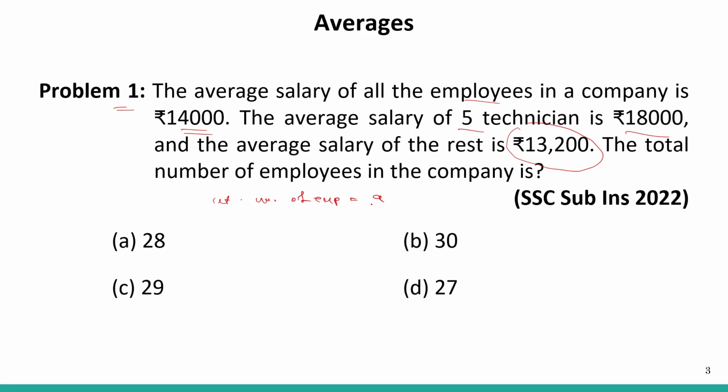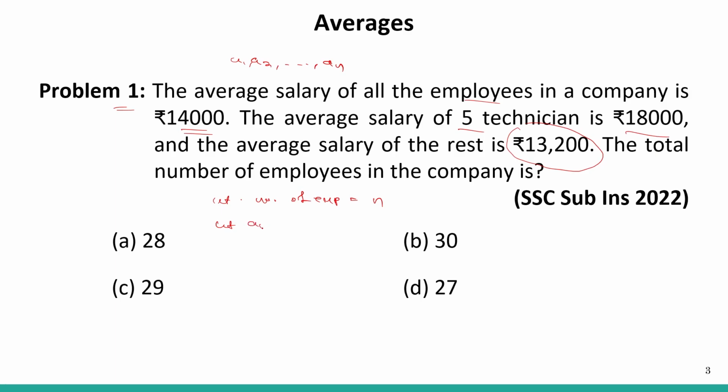Let the number of employees be A, where A is an integer. Let the employees' salaries be A1, A2, up to AN. The average salary of the 5 technicians is 18,000.